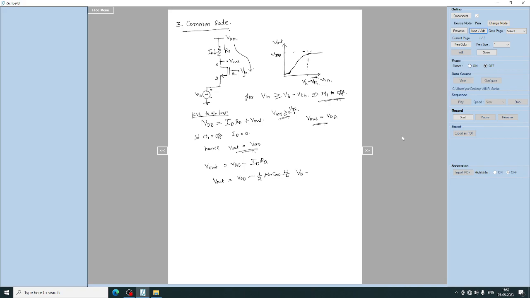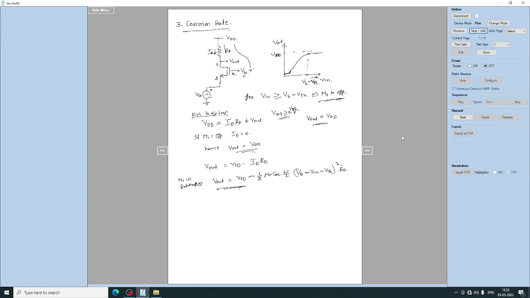VG is VB, and VS is V in minus VTH. This is the expression for the output voltage when the input is less than VB minus VTH, ensuring that transistor M1 is in the saturation region. This is the equation we have.